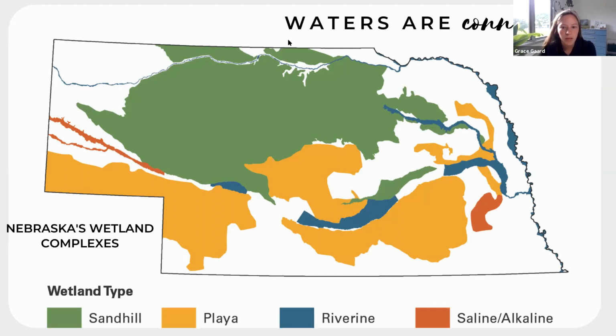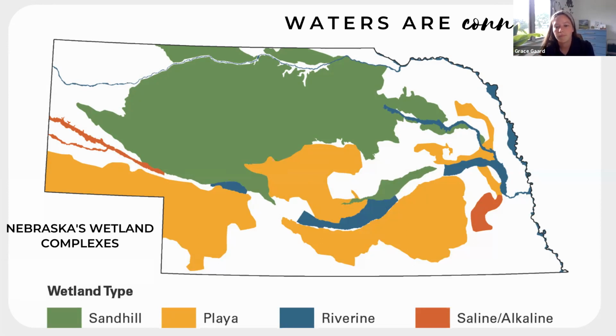Most people are in the Saline Wetlands, and then we have people in the Playa and the Riverine and also urban wetlands or other. It is important to keep in mind that just because this map shows different wetland types, it doesn't mean that the white areas don't have wetlands.